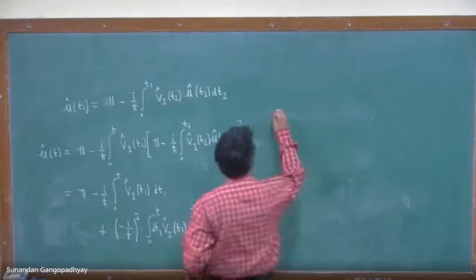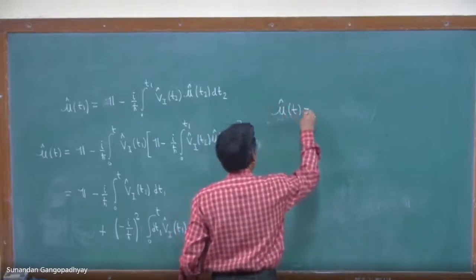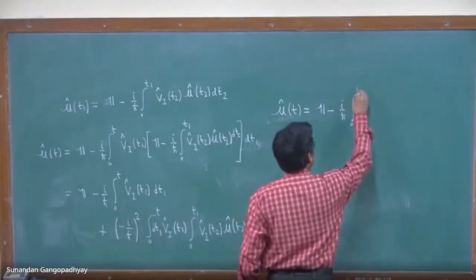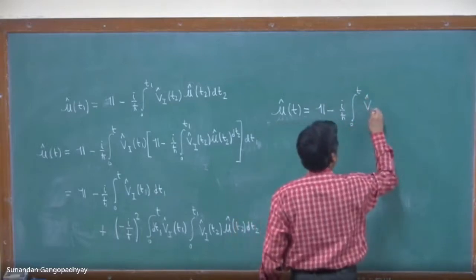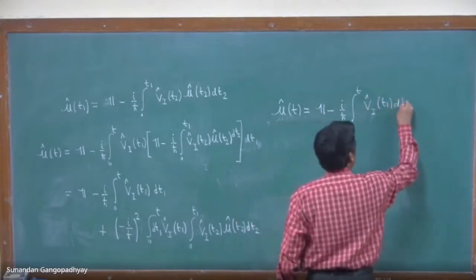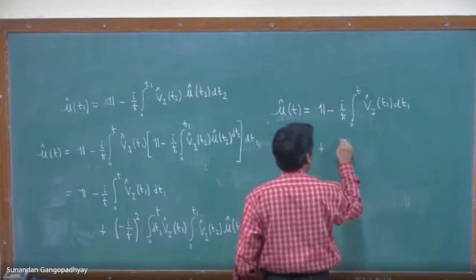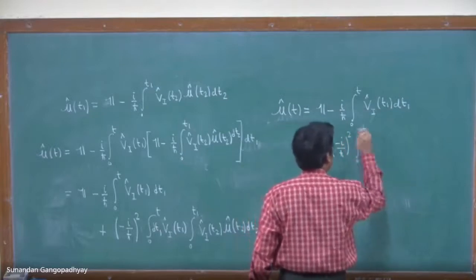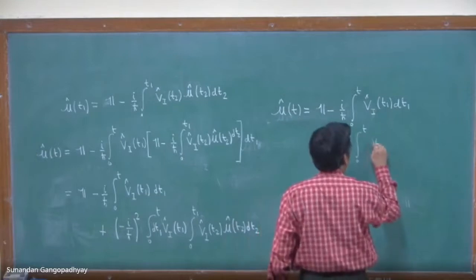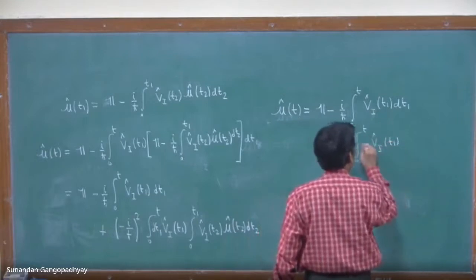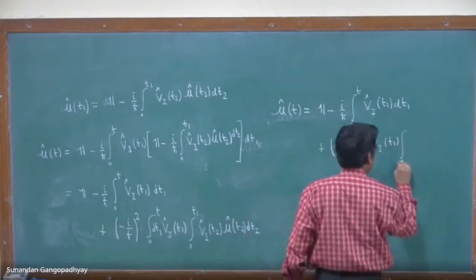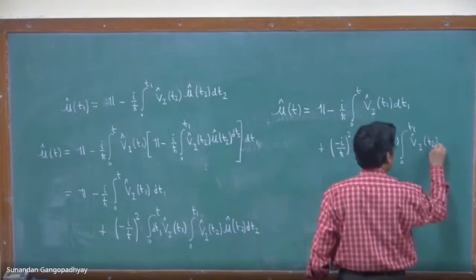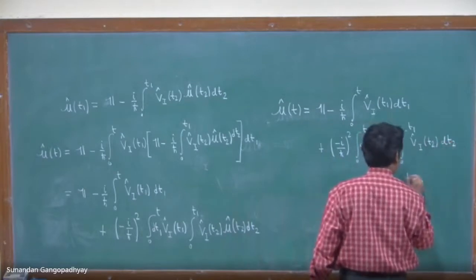So ultimately U hat T is equal to the identity operator minus i by h bar integral 0 to T V hat I T1 dt1, plus minus i by h bar whole square integral 0 to T V hat I T1 dt1 integral 0 to T1 V hat I T2 dt2, plus dot dot.